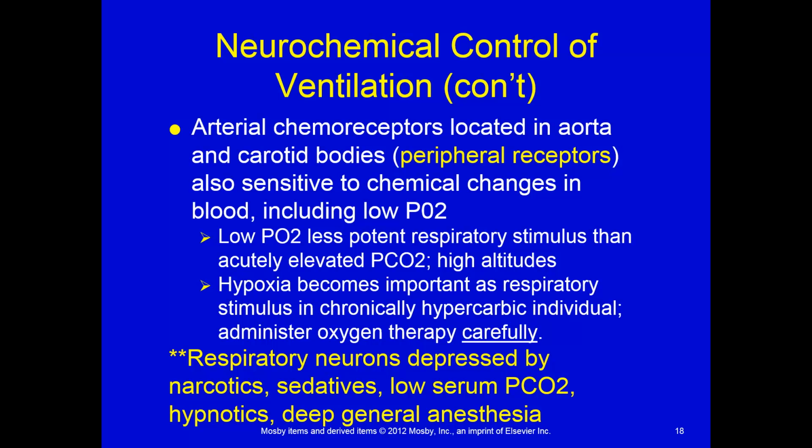So again, we are just as concerned with someone's capnography, so looking at their CO2 levels, as we are with their oxygen, right? Because they can be really well oxygenated. Their O2 can look pretty good in terms of their stats on the monitor, but they could still be retaining CO2. So we are equally concerned about their CO2 level as we are their oxygen level because of these receptors. Does that make sense? Okay. So we're going to very closely monitor both.